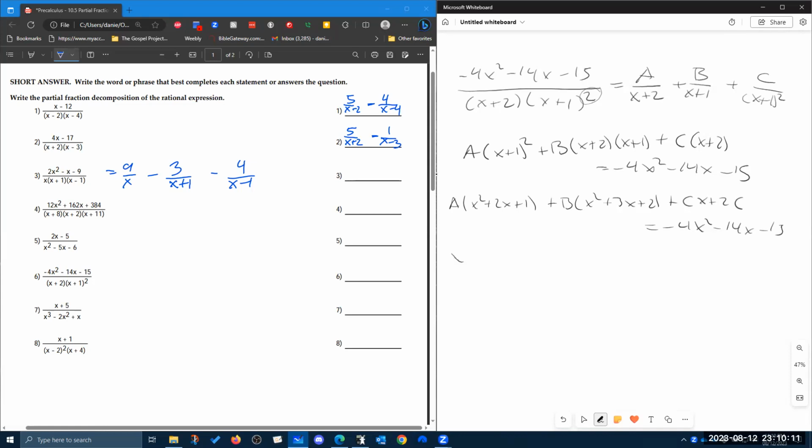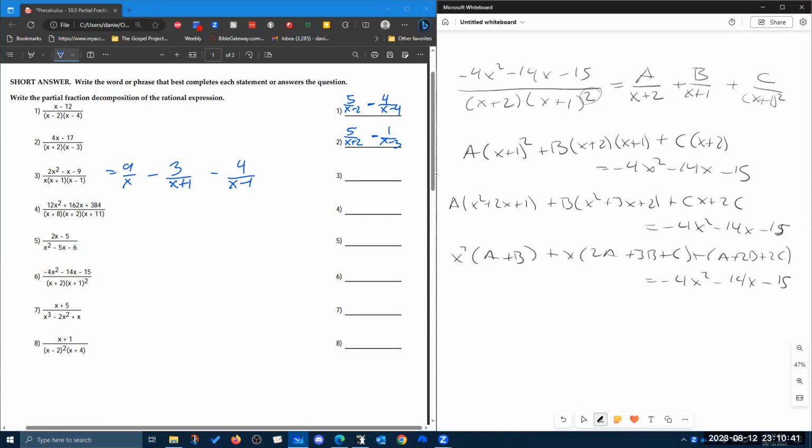And so for my x squared terms, I have A plus B. For my x terms, I have 2A plus 3B plus C. And for my constants, I have A plus 2B plus 2C. That equals negative 4x squared minus 14x minus 15.